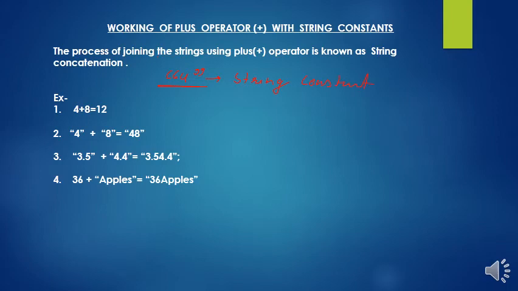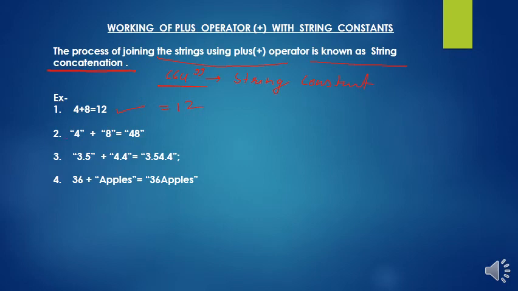The process of joining strings using the plus operator is known as string concatenation or string join. It joins the two strings. Example number 1, 4 plus 8 will give 12.